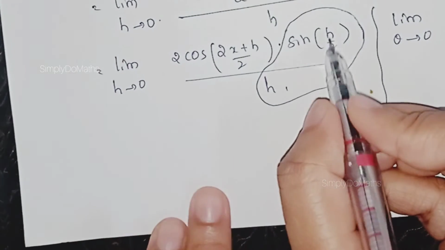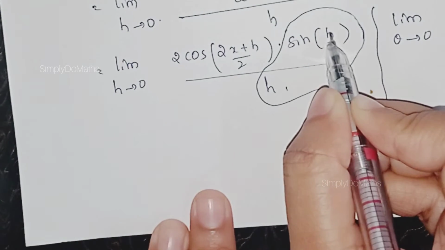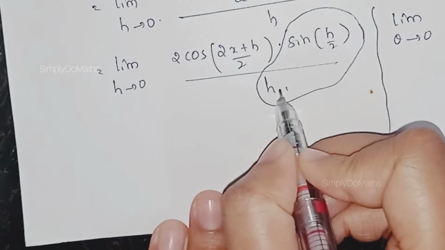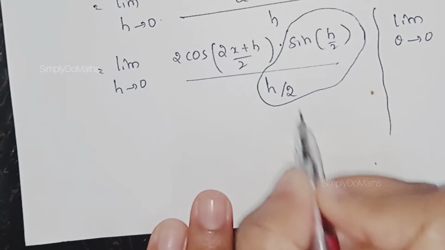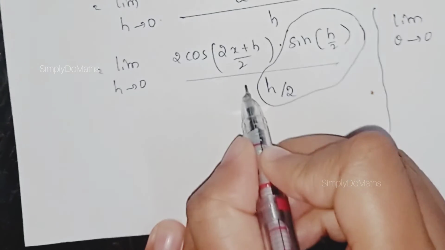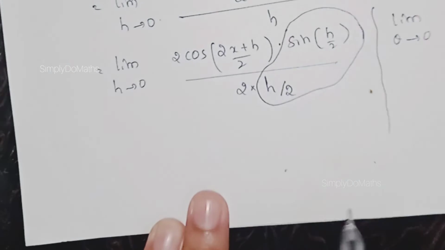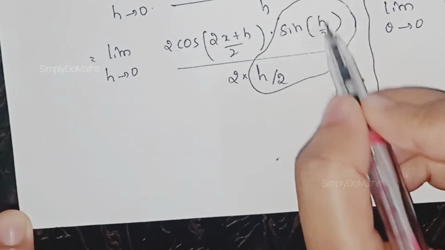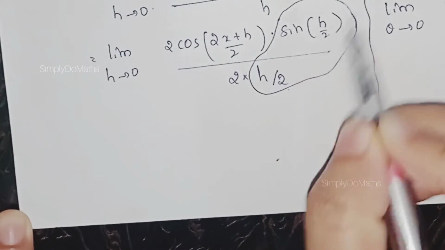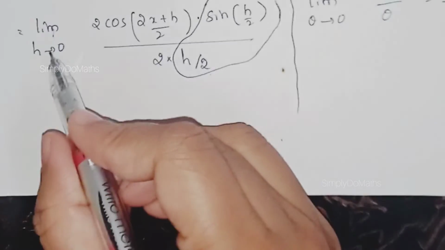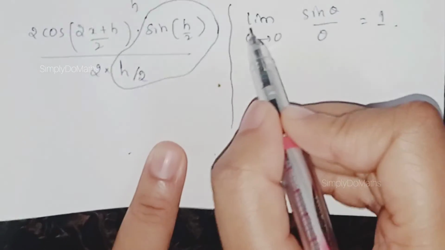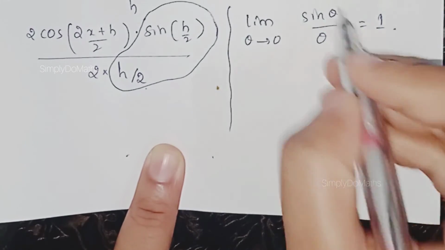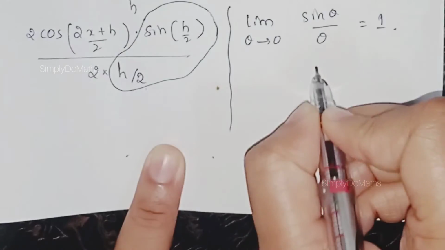But here see that in the place of theta we have h by 2, while here only h is there. So here also we need h by 2. If you take h by 2 here, then we need to multiply by 2 here, right? So now we can take sine of h by 2 divided by h by 2 as one term, as limit h tending to 0, right? The same term is there, limit as theta tending to 0 of sine theta by theta. Here in the place of theta we have h by 2.